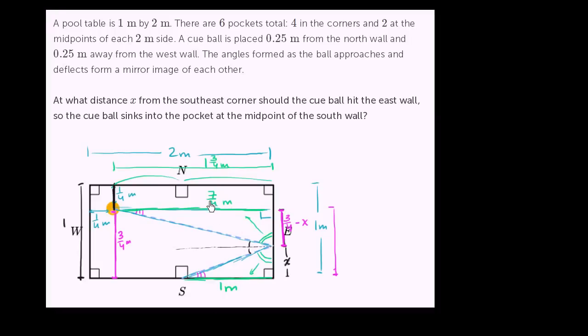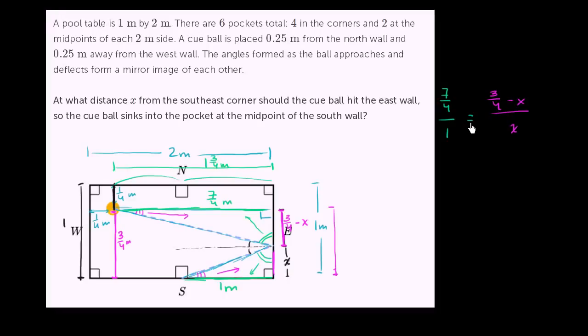So we could say that the ratio of 7/4 meters to 1 meter is going to be equal to the ratio of the sides that are opposite the magenta angles. So it's going to be equal to the ratio of 3/4 minus x to 2x. I'm just showing that the ratios of corresponding parts are the same.